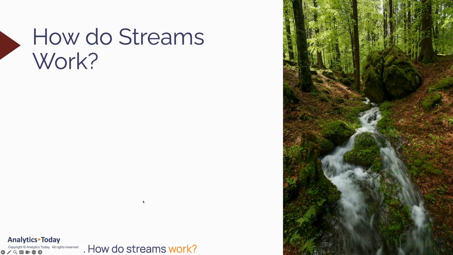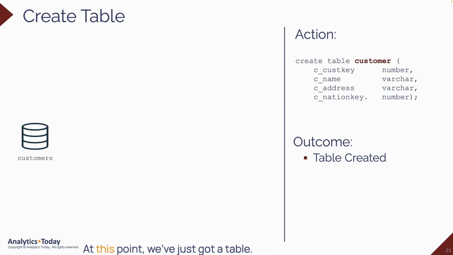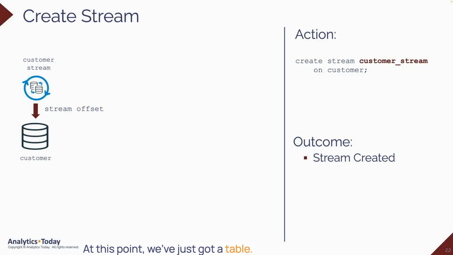How do streams work? Well, let's say we created a table customer and it's got a set of columns on there. At this point, we've just got a table. We then create a stream over that table, create stream, customer stream, and we have a stream offset. This is the pointer, which is really all a stream is.